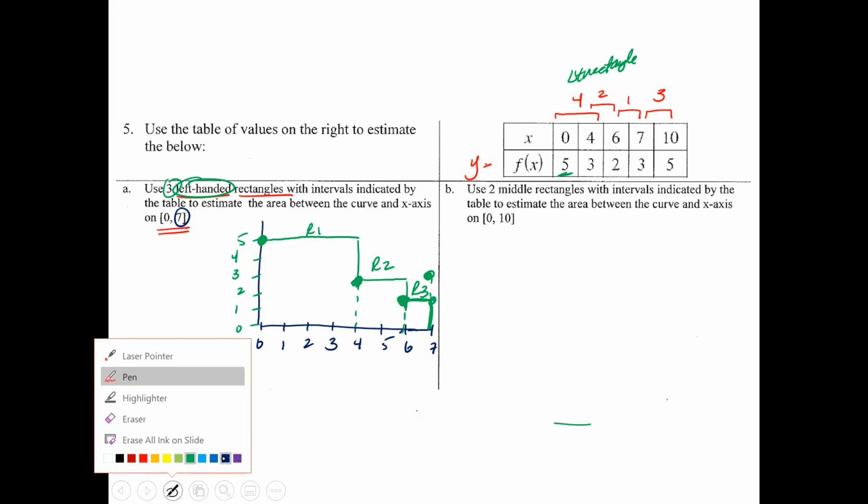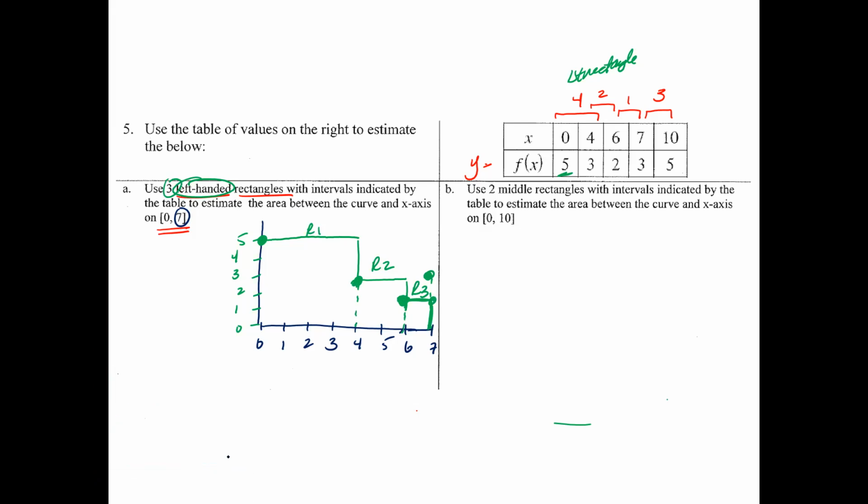Okay. All right. So looking at this, I know that the area of a rectangle is going to be base times height. And so let's take a look. Okay. Rectangle 1. Base is going to be, if you look at this right here, the base is from 0 to 4, so that's 4.